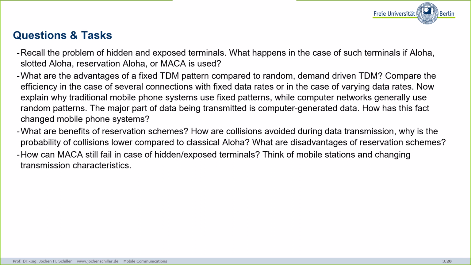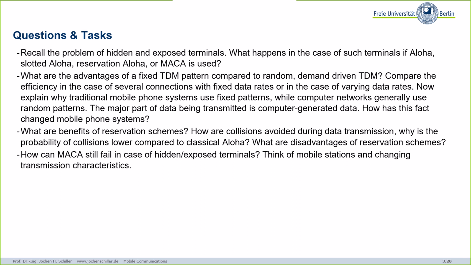This even worked for analog phones. Fancy thing, but it worked. Demand-driven, that's classical computer networks. And if you keep this in mind, that the classical telephone used this fixed pattern, fixed TDM, computer networks are more demand-driven. Now I click on the page, now I have to transmit something, now I download something.